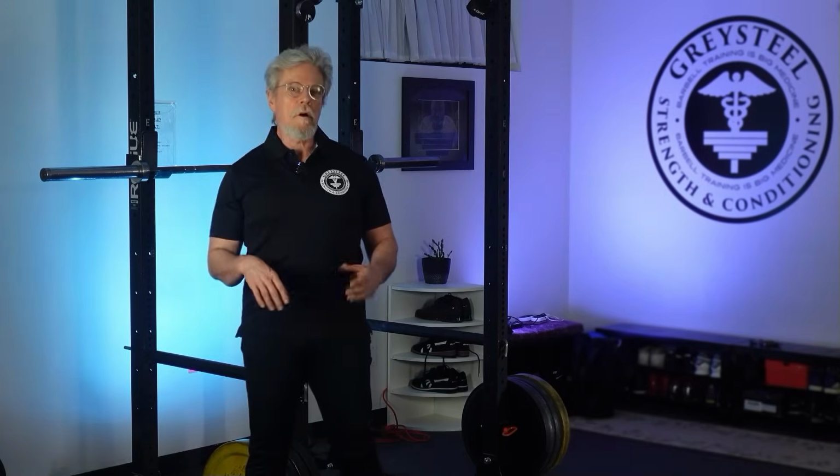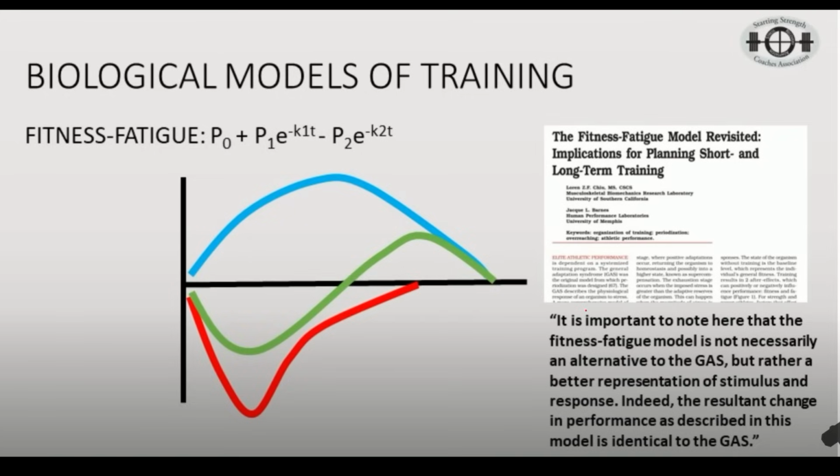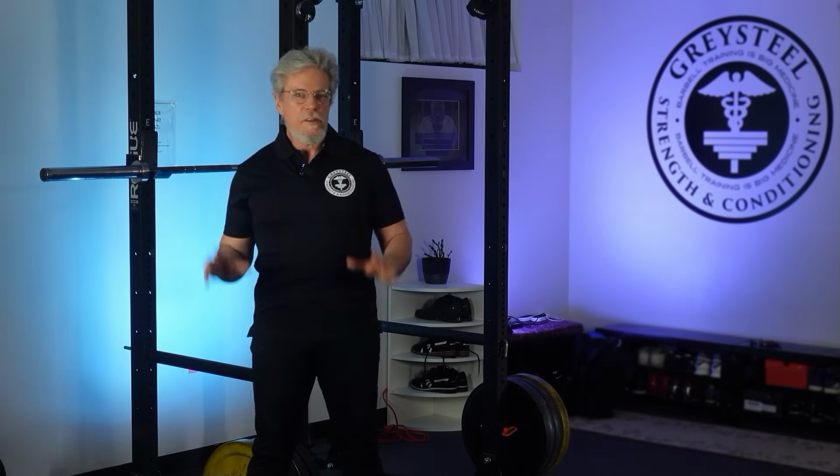It matters not whether our underlying metaphysical model of training is a stress recovery adaptation structure, or a fitness fatigue model, or a 2-factor model, or a Jedi Padawan progression model. Doesn't matter. It's all the stress recovery adaptation cycle in action. A training stress disrupts biological homeostasis.